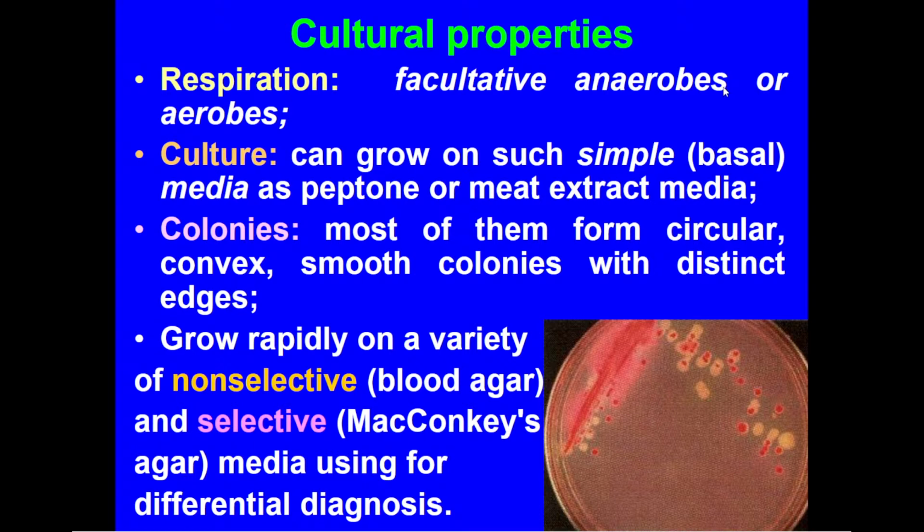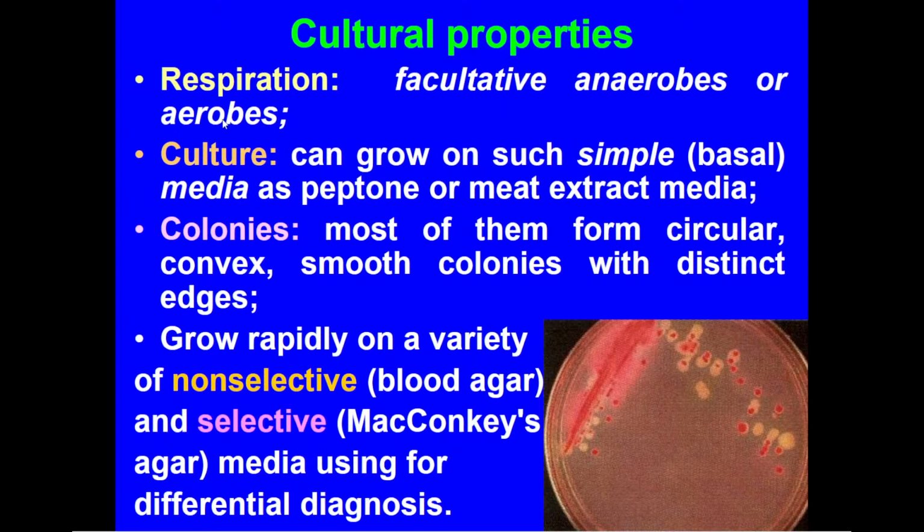What does it mean? It means that they are aerobic. They like to grow in the presence of air. But if conditions are anaerobic, they still may get energy from sugars, right? They get much less energy than in aerobic conditions, but they may still grow.